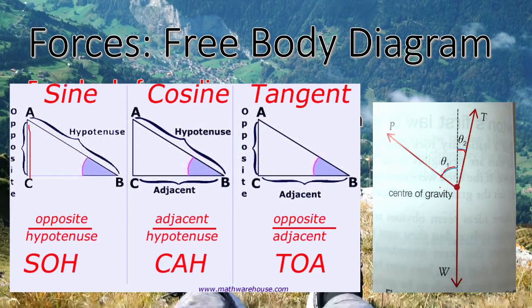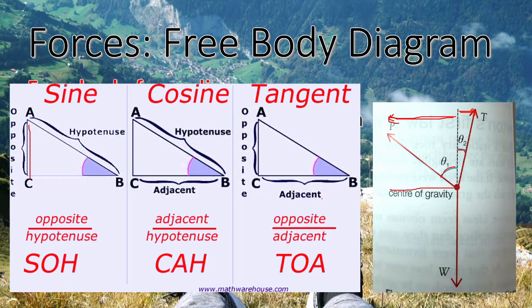We need the horizontal, which is this side, or it's actually the same as this side if you transfer it here. This direction is opposite, or this is just the component of your P and T. So the direction is opposite to each other, going to the right and going to the left.